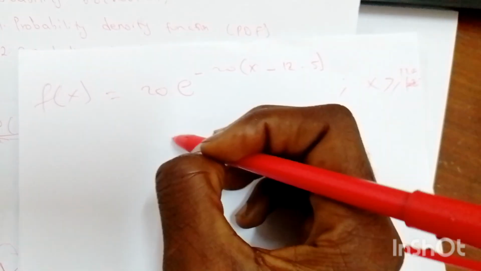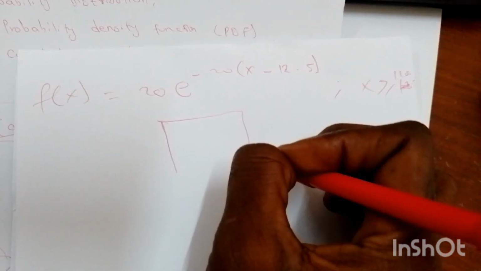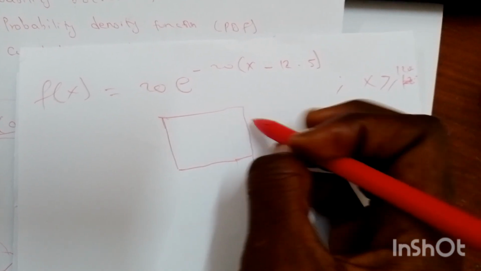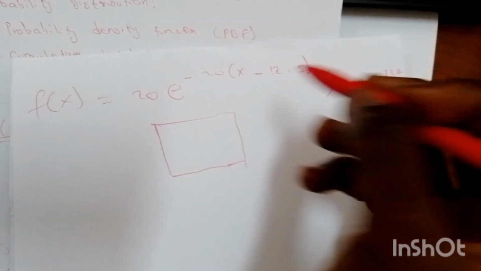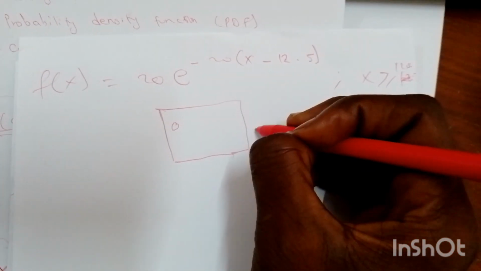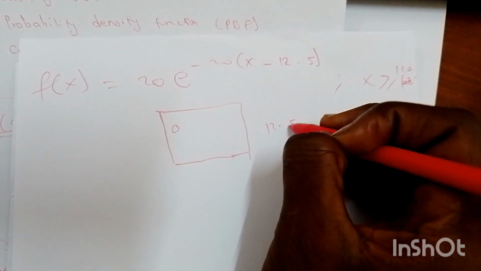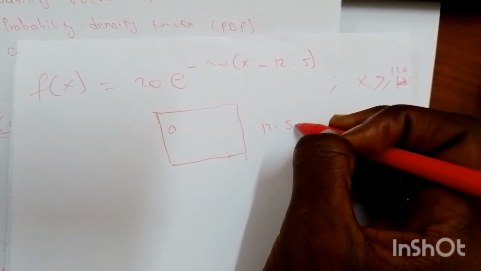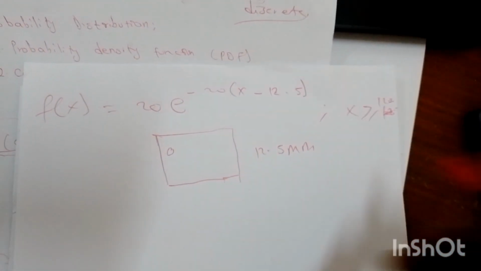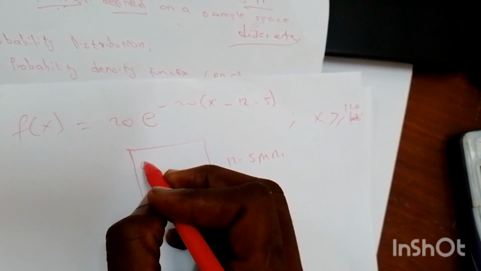This function describes a manufacturing process where they have a metal sheet, and they try to make holes through it, maybe for whatever reason. But if you make a hole that is equal to or greater than 12.5 millimeters, the machine or whatever they use tends to make it larger.